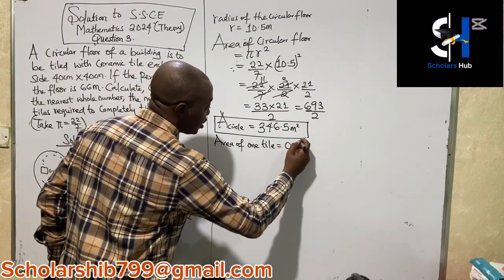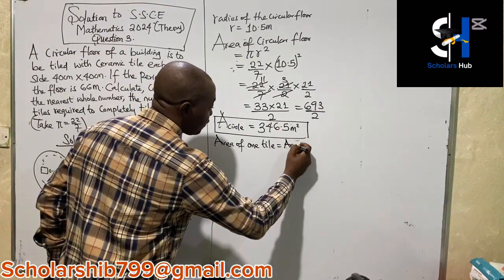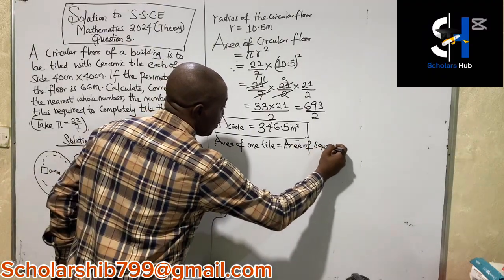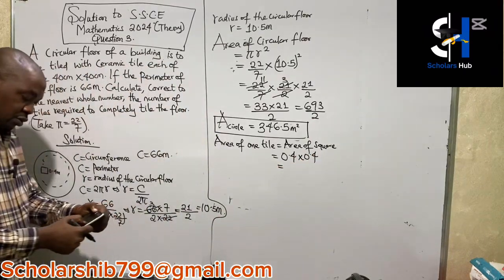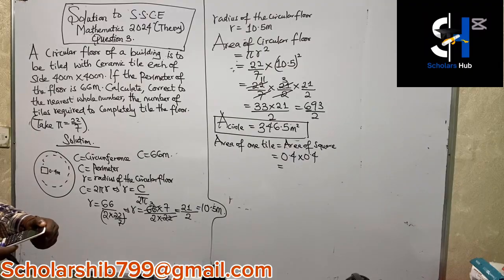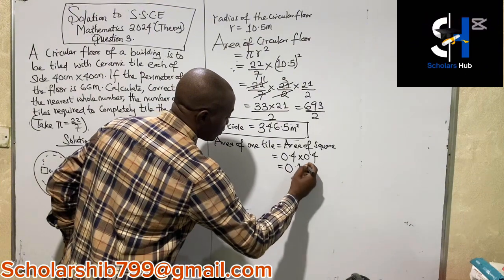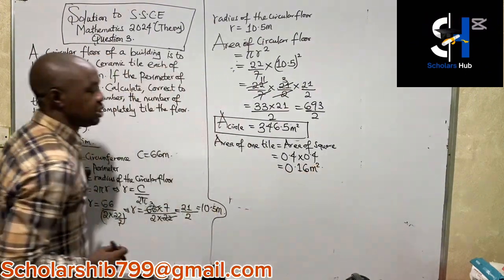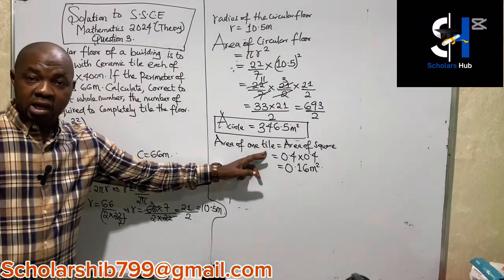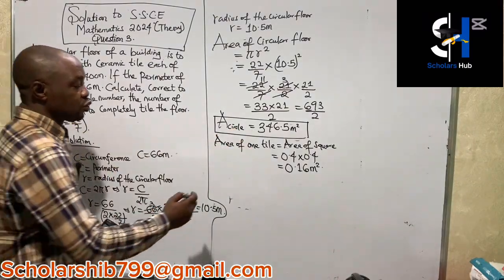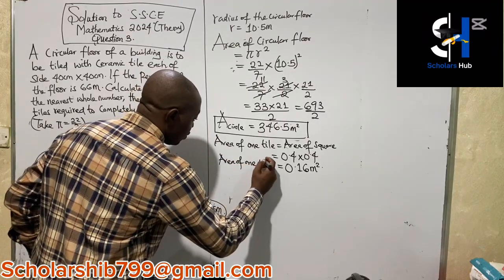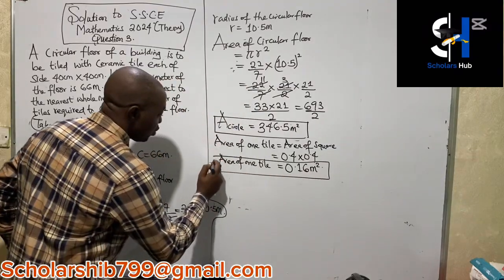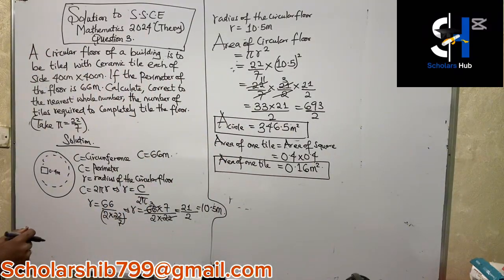Area of the tile will be equal to the area of a square, that is 0.4 multiplied by 0.4, which is 0.16 square meters. So the area of one tile is 0.16 square meters.